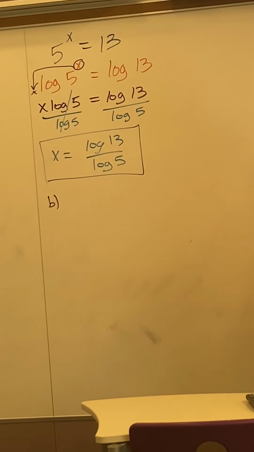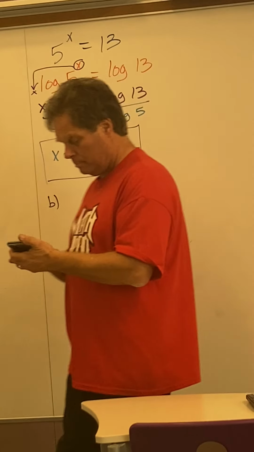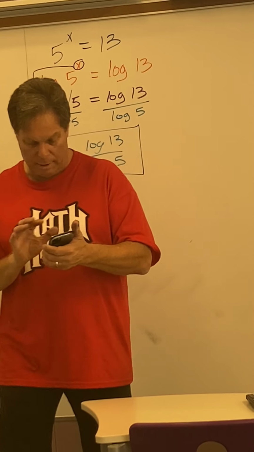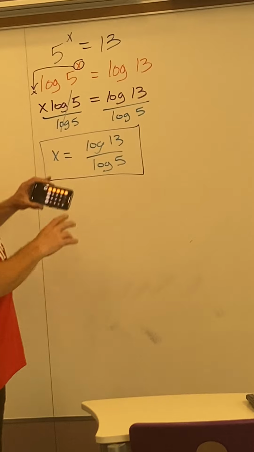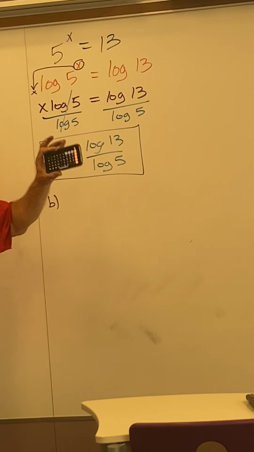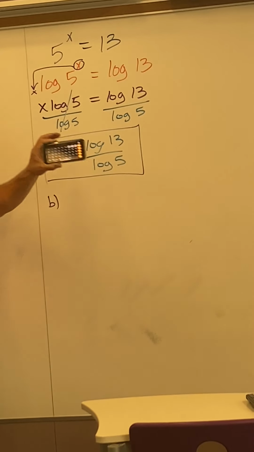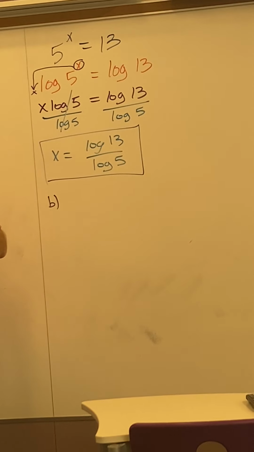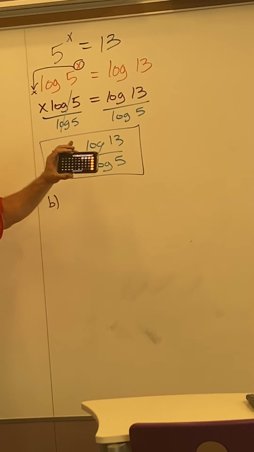Here's how you type it in the calculator. First thing, I want to do log 13 divided by log 5. This calculator, I have to put the 13 in first to do log 13. So I hit 13. Then I hit log base 10, or log, and I get 1.11394.